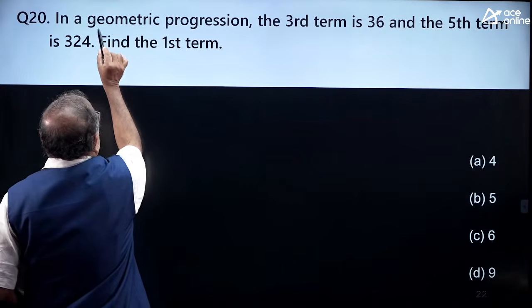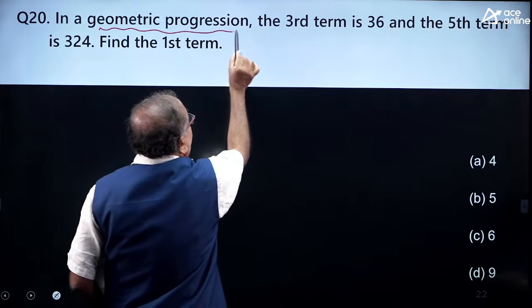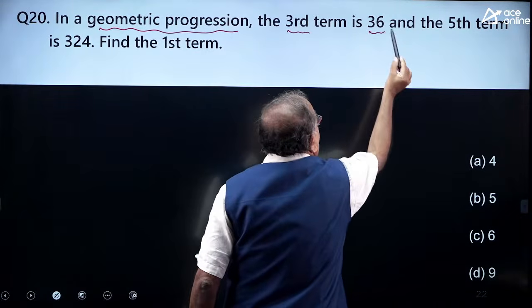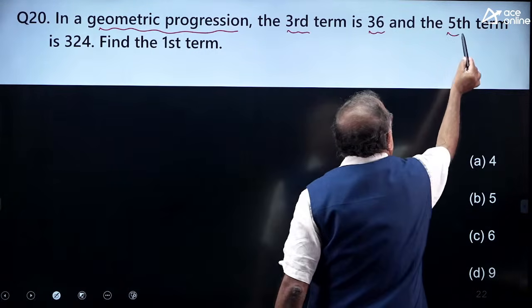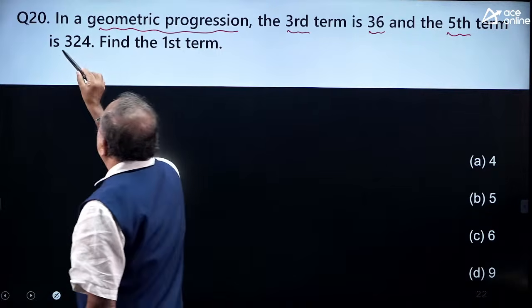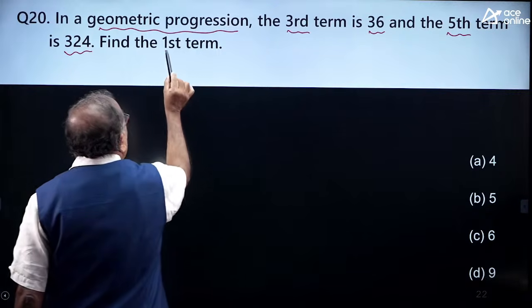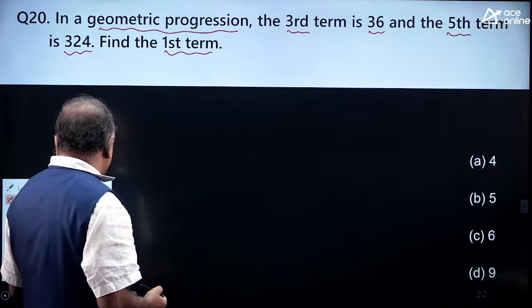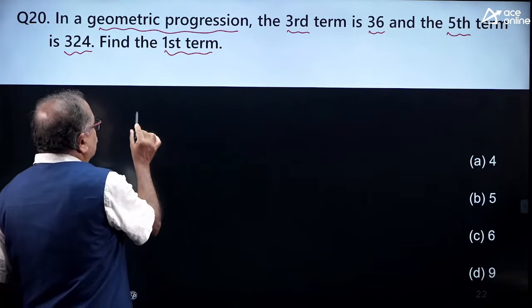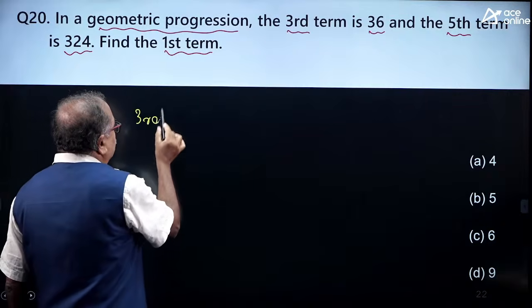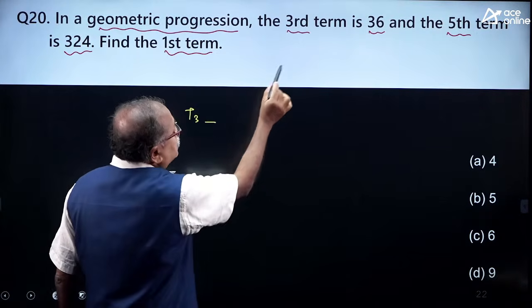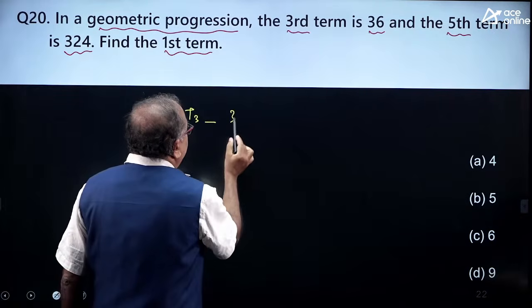In a geometric progression, the third term is 36 and the fifth term is 324. Find out the first term. What is given to us is the third term, that is T3, which is 36.